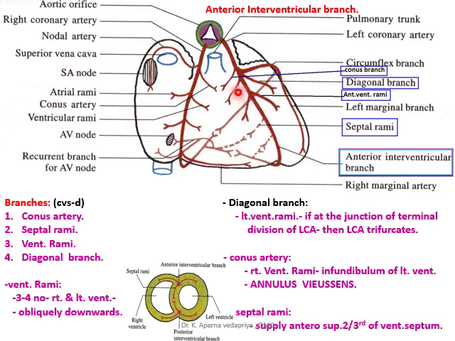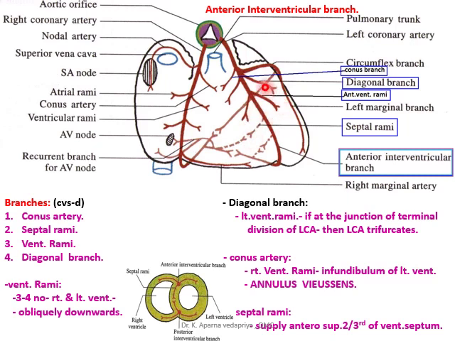There are about 3 to 4 ventricular rami, and they supply the right and left sides of the interventricular septum on the sternocostal surface. So it supplies both the right ventricle and the left ventricle. And these ventricular rami are oblique and they course downwards.